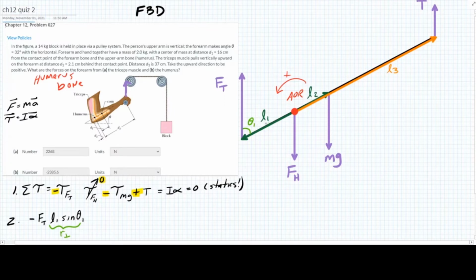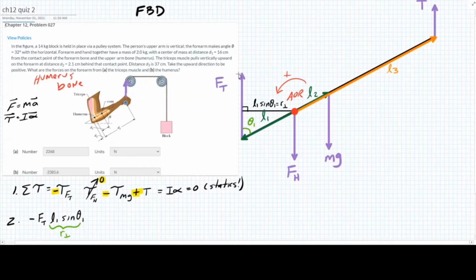And when I take the sine, when I do L1 sine theta, I am actually getting a really good picture of what my torque arm is right here. This black line, this is in fact L1 sine theta 1. That's my torque arm. You can see how it's perpendicular to the force. This is my torque arm. Okay, so it's good to see that.